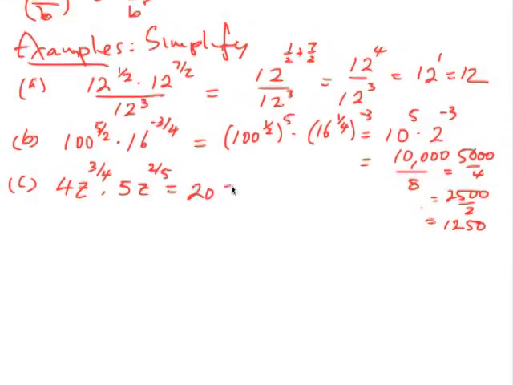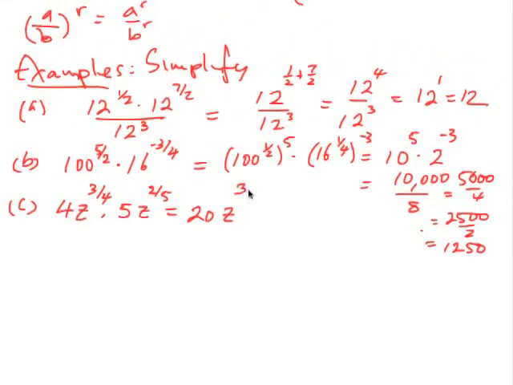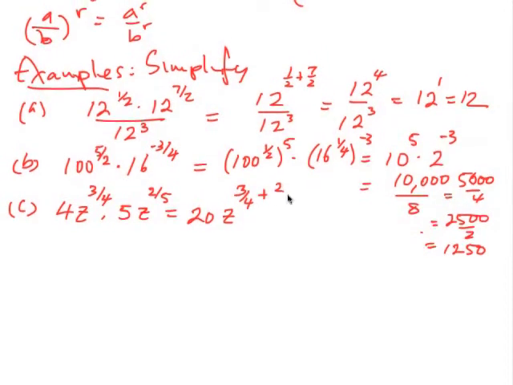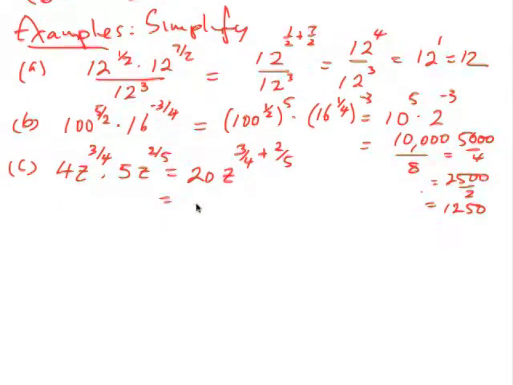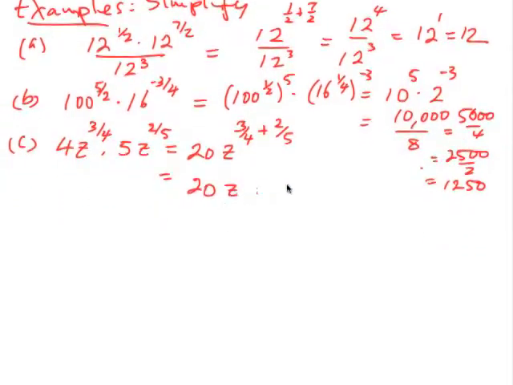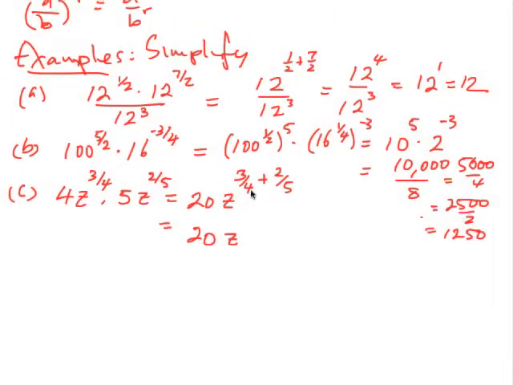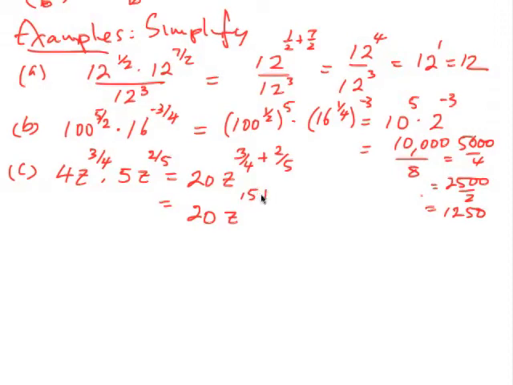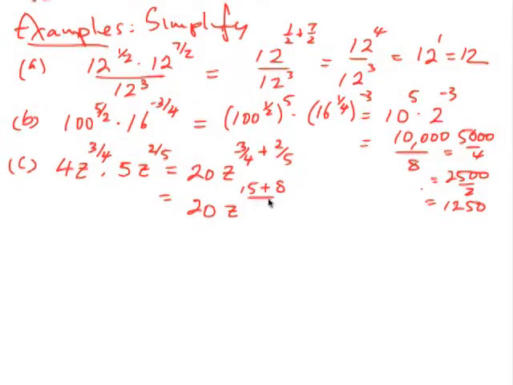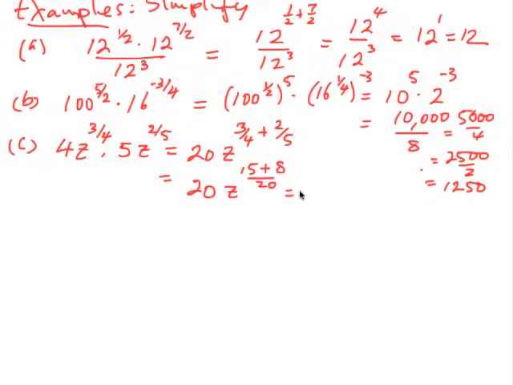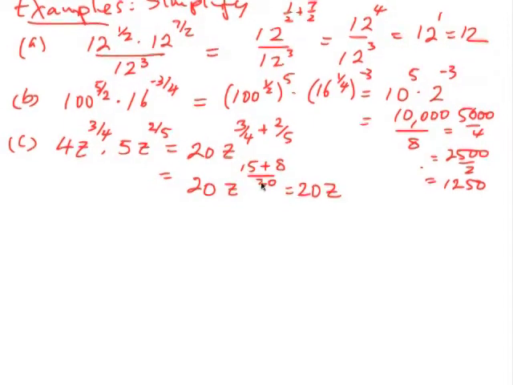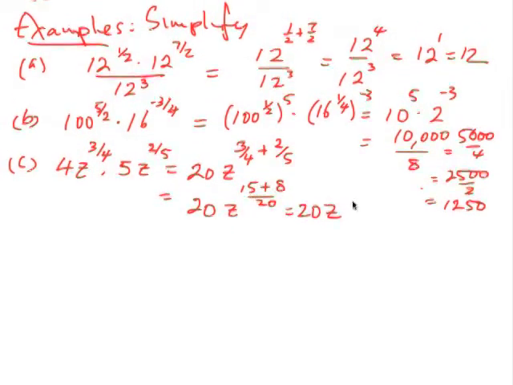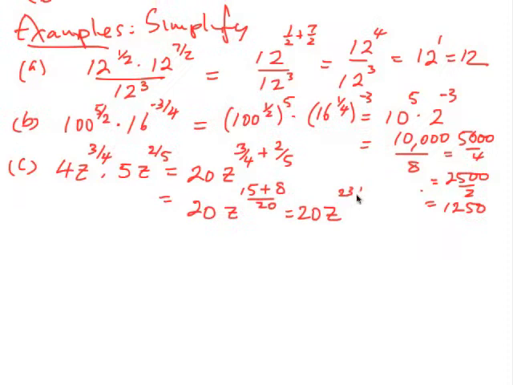Let's do the numbers first, and this will be z to the 3 quarters plus 2 fifths. So we're going to add the fractions. And, of course, to do that, we'll need a common denominator of 20. So this will be 15 plus 8 on 20. So this will be 20z to the, what have we got there, 23 on 20.